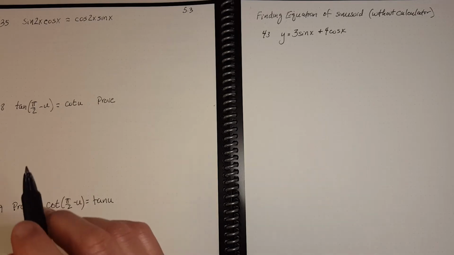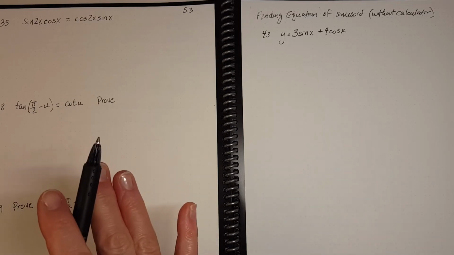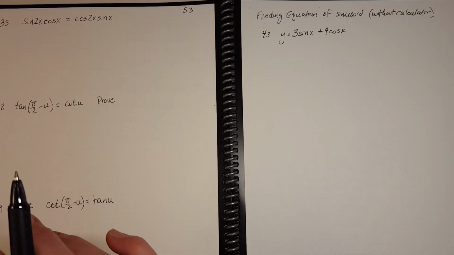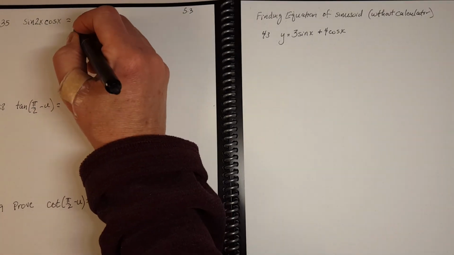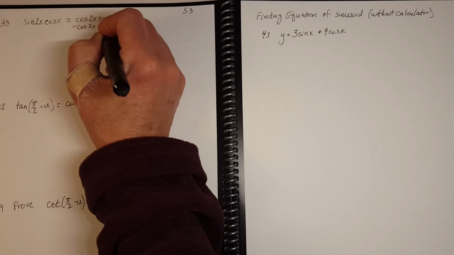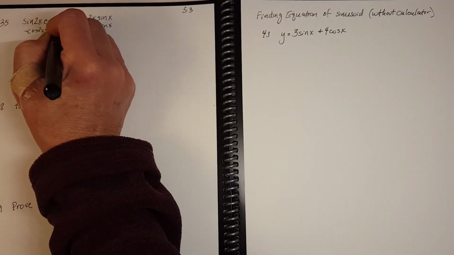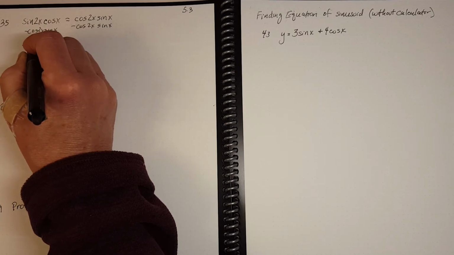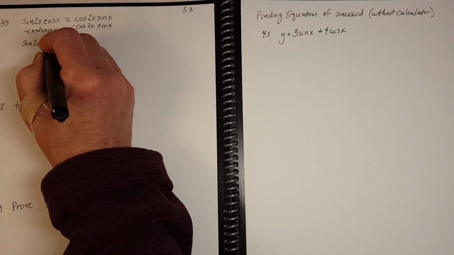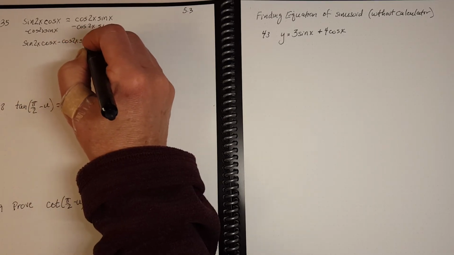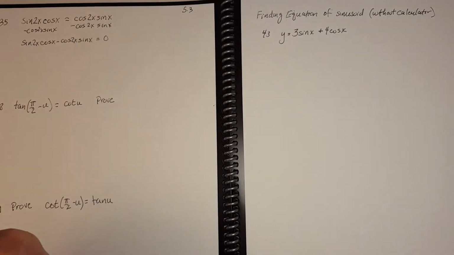So remember, when we were solving, if there was more than one term that had trig in it, we wanted to set it equal to 0. So I'm going to subtract this cosine 2x sine of x to the other side. And we get sine of 2x cosine of x minus cosine of 2x sine of x is equal to 0.